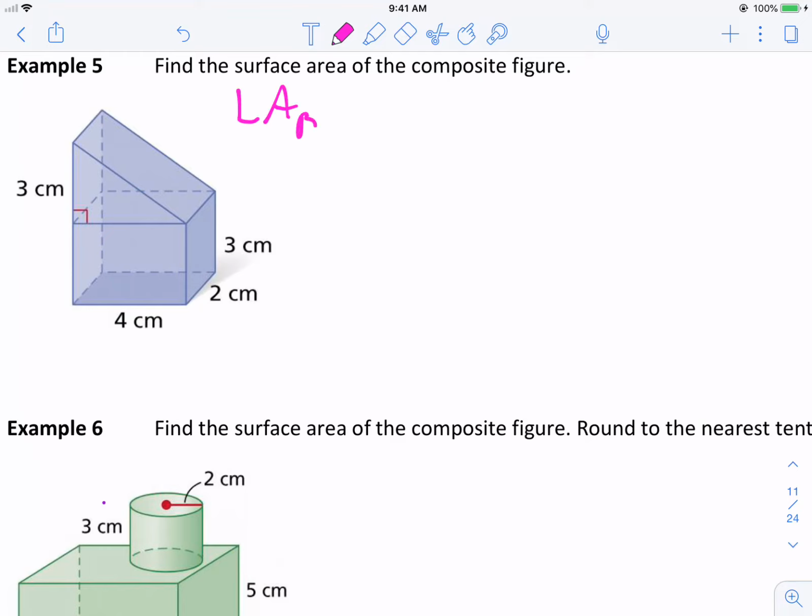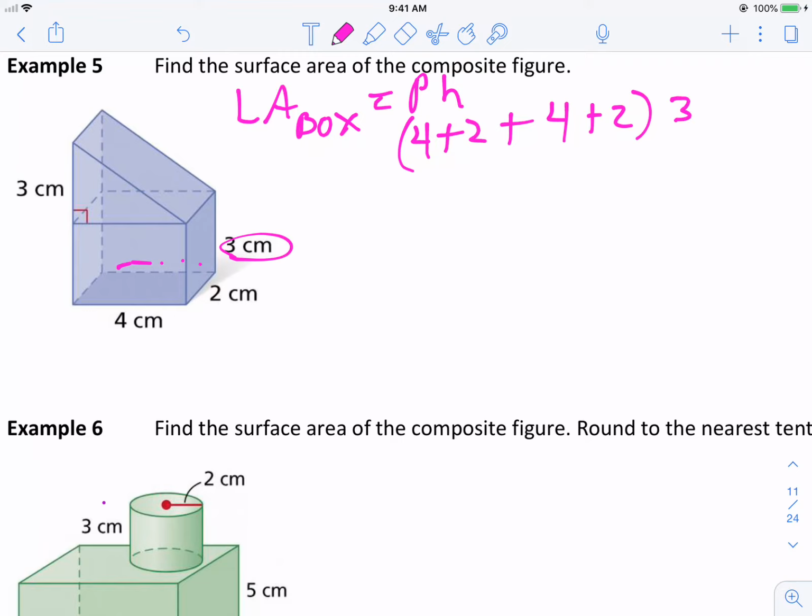And remember that the lateral area is found by perimeter of the base times the height. So the perimeter of the base, in this case, we have 4 plus 2, plus this back edge is also 4, and the left edge is also 2. And then the height is 3 centimeters.